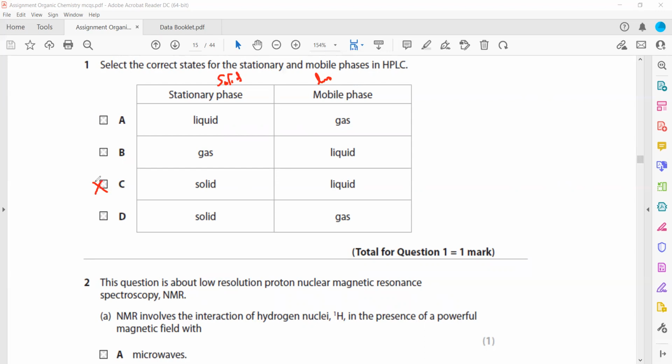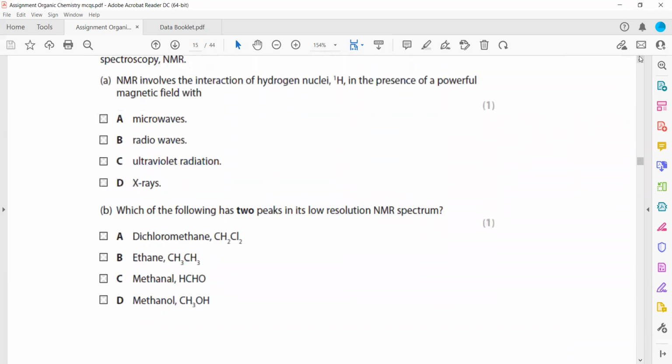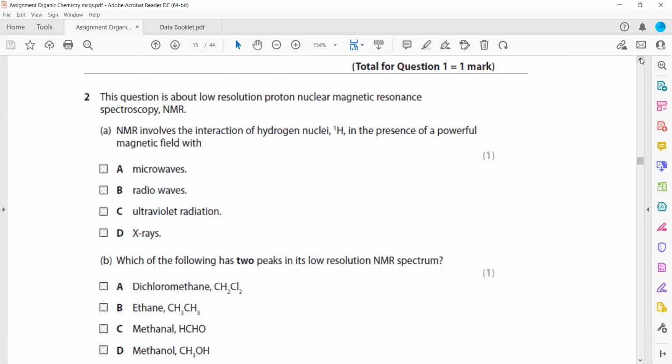But if it was gas chromatography, in which gas is the mobile phase, a liquid or a solid can be the stationary phase. This is column chromatography as well. HPLC is also known as column chromatography. We allow the liquid to flow out and work out retention time and identify the amount of sample.